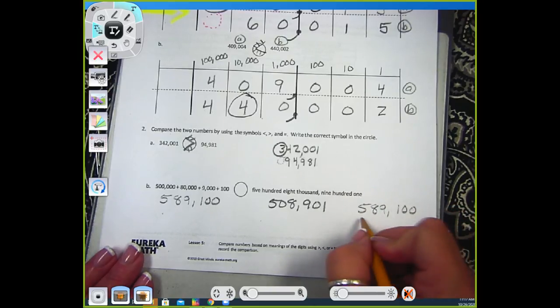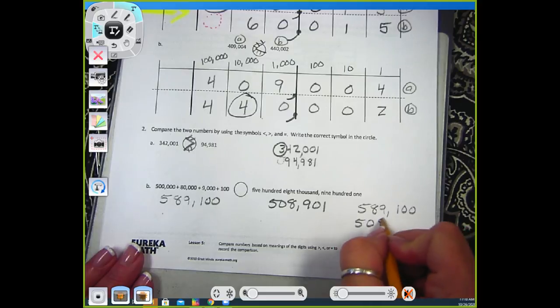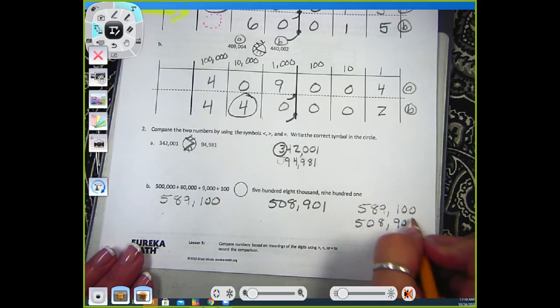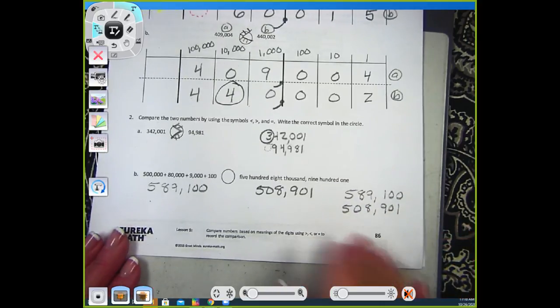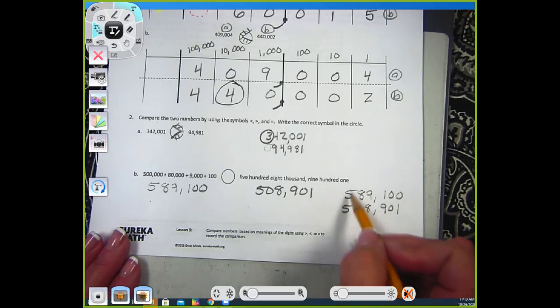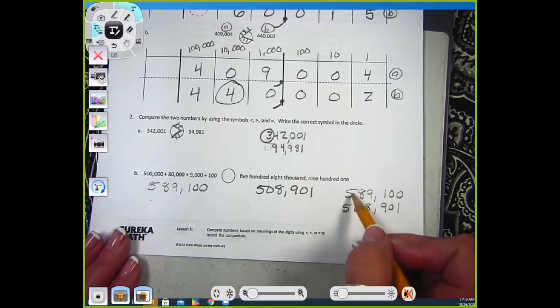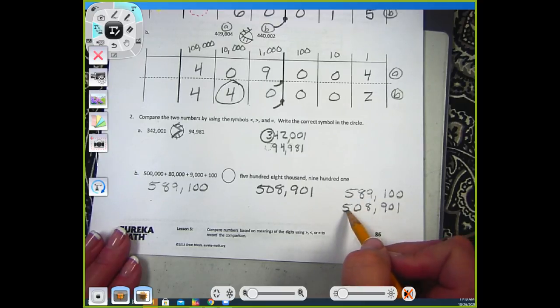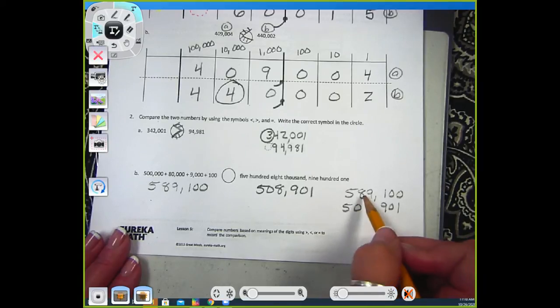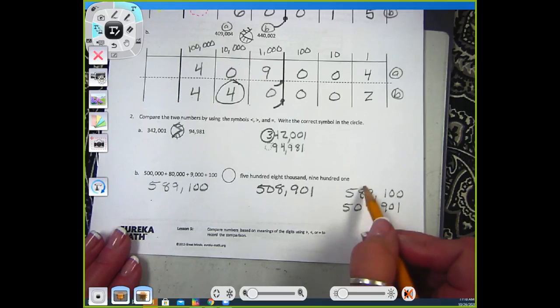And I'm going to use our method of stacking our numbers on top of each other. Okay, what do we notice in the 100,000s? What's going on right here? Ashlyn, what do you notice? They're both 5. Yep, so that doesn't help me if they're both the same number. I got to go over here to the 10,000s. Peter, what do you notice about the 10,000s?